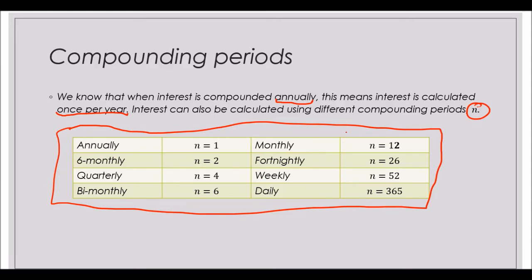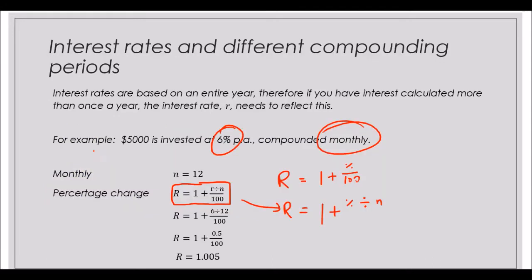Again, make a reference back to this table. So it's going to be 1 plus percentage divided by the N, over 100. Okay. And perhaps if your calculator is a bit funky with this, I would recommend you put this in a bracket. Don't have to, but probably a good idea, just in case your calculator isn't able to properly work it out. Because sometimes it won't.